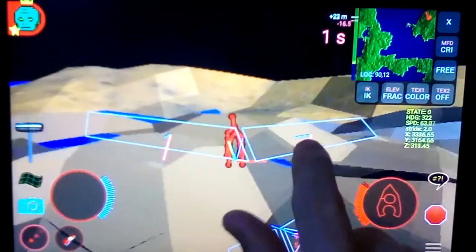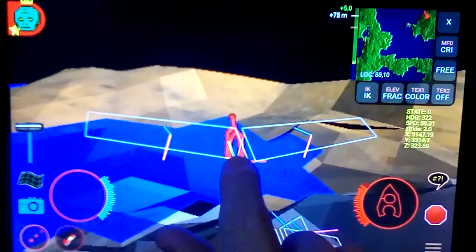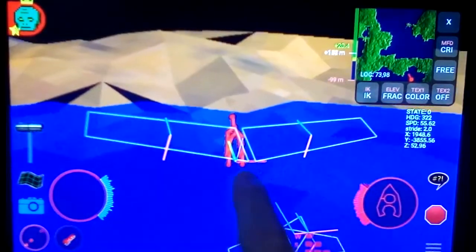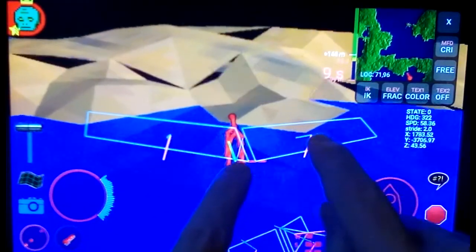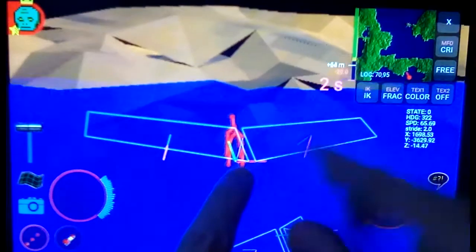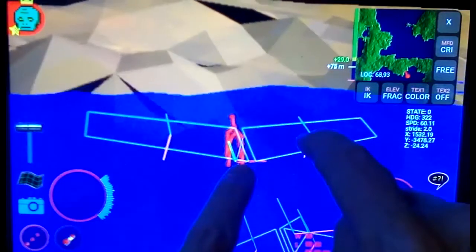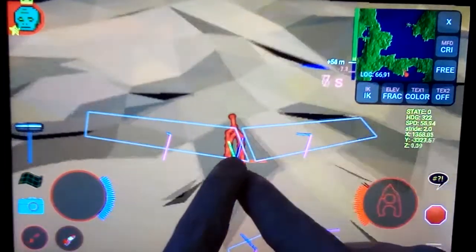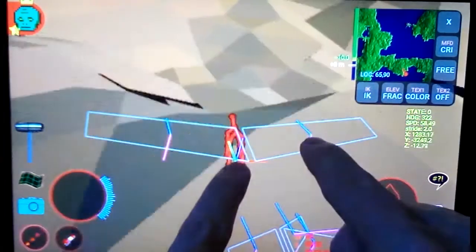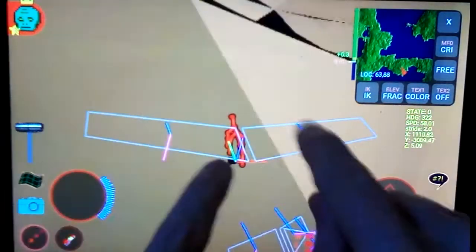Whatever lift there is on this wing is going to apply a torque to the center of mass of the system. Basically, each point that could have lift or drag has a certain computed pounds of force, which is then turned into a torque based on its distance from the center of mass, its radius. And that torque then adds together. It's a three-dimensional torque.